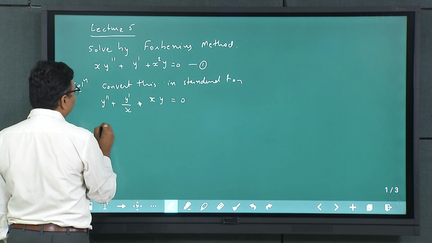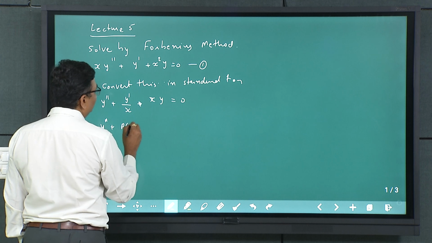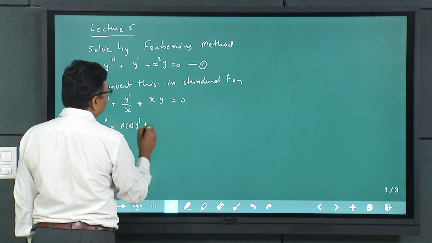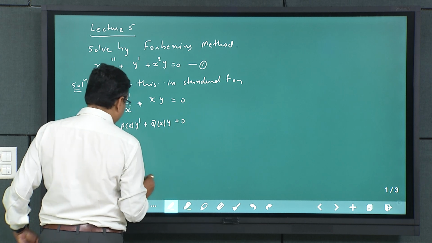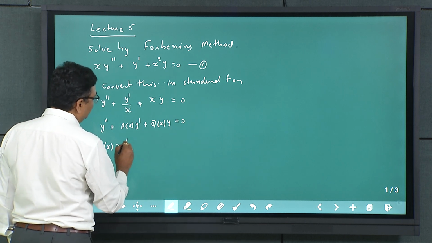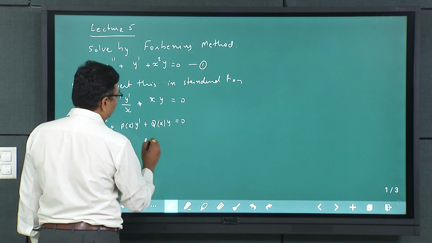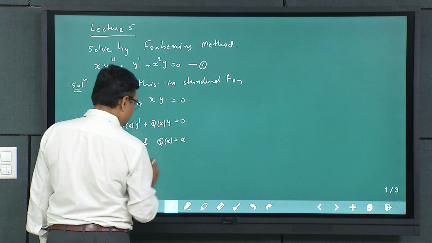Compare with the standard form, that y double dash plus p of x y dash plus q of x y equal to 0. So p of x is equal to 1 upon x and q of x is equal to x.